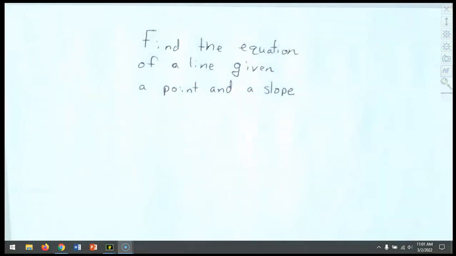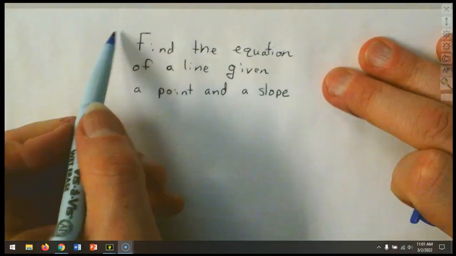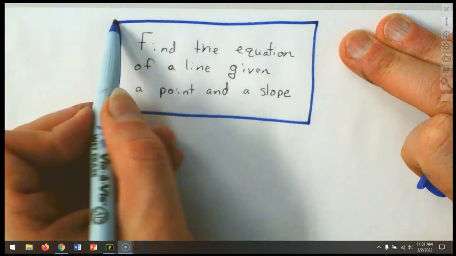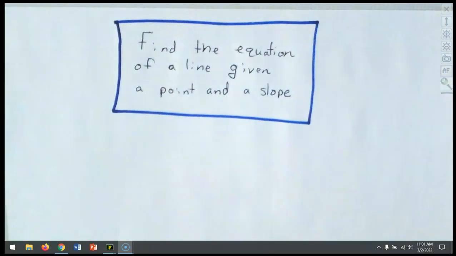We might have time to do the one for 2 points, but we'll just see how much time we have. If we have time to do that one as well, then we'll do that one also. We'll at least get through the one where I give you a point and a slope.